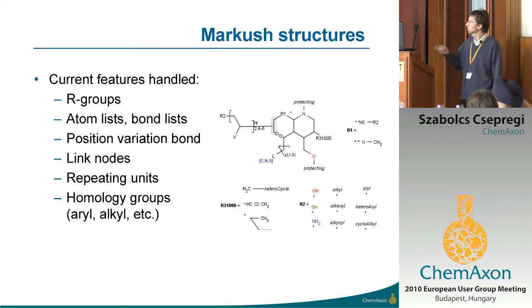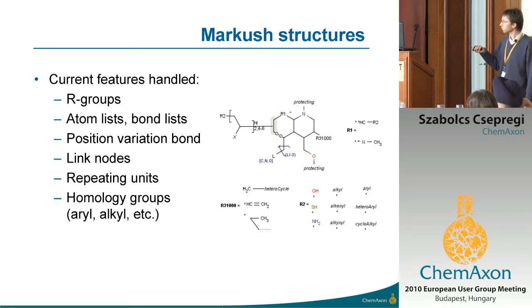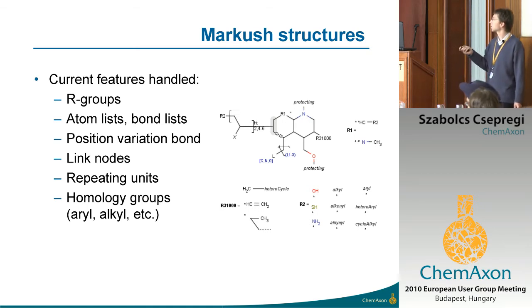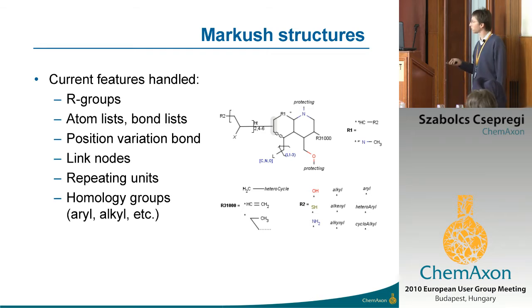And we have these homology groups, which very often occur in patent documents to describe classes of compounds based on functional groups. So this means the alkyl, aryl, and so on, these kind of chemical classes.